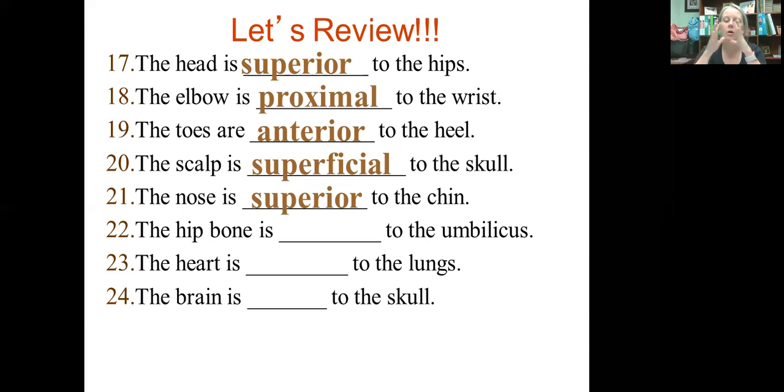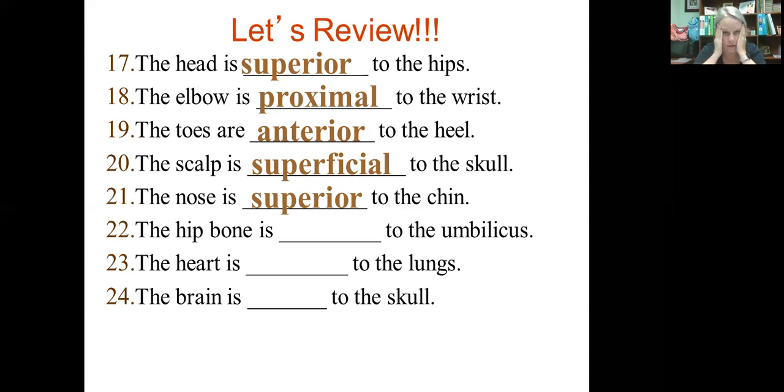Okay? Another thing you want to remember in your notes in chapter 1, part 3 of chapter 3, there are alternate words for some of these. You need to know the alternate words. So let's say on your test that maybe I said the same question. The nose is blank to the chin.